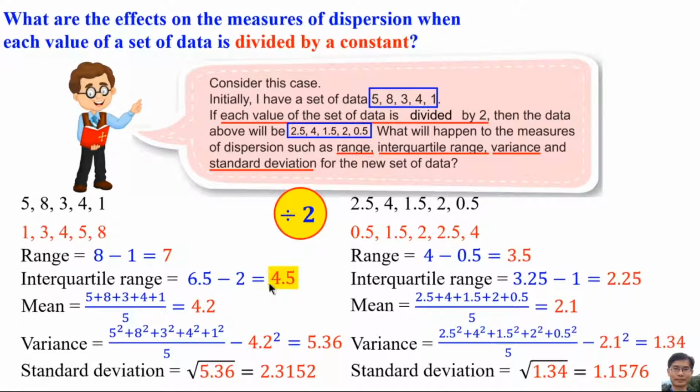Then interquartile range 4.5 divided by 2 equals 2.25. Then the mean 4.2 divided by 2 equals 2.1. Hence the variance 5.36 divided by 2 squared equals 1.34. And standard deviation 2.3152 divided by 2 equals 1.1576.